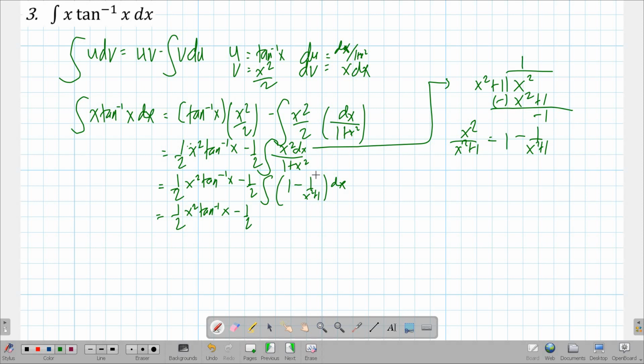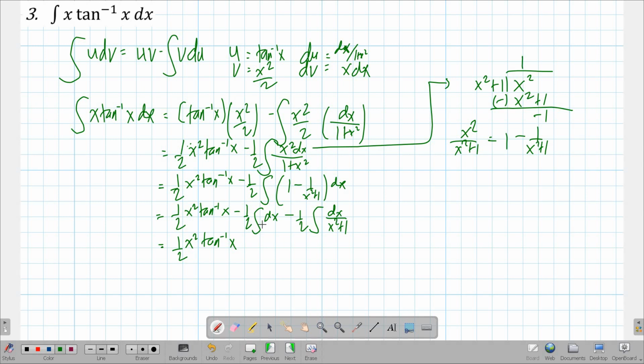Now, if we do our distributions and all, this becomes minus 1 half times the integral of dx minus 1 half times the integral of dx over x squared plus 1. From here, we can now easily find our integrals because they do follow our integration formulas. So I'm just going to still have 1 half x squared inverse tangent of x here.